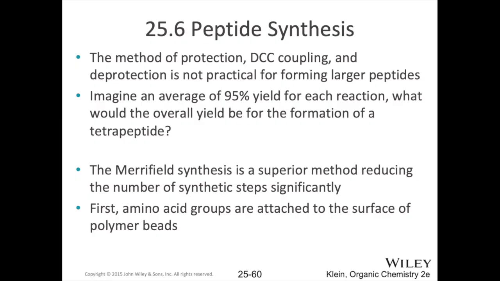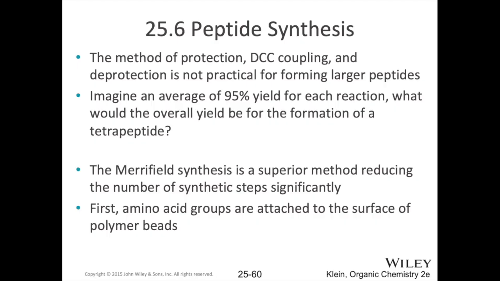Okay, now that being said, I did point out that adding these extra steps will affect your yield, and that adds up over time. When you have a very long peptide, you are still losing yield with each of those extra steps, and that adds up.